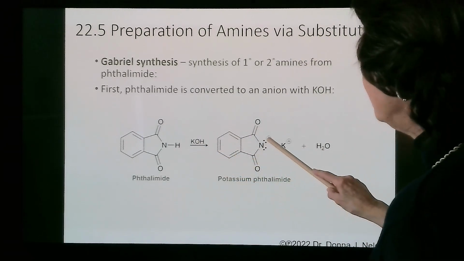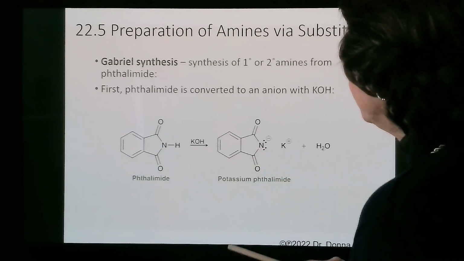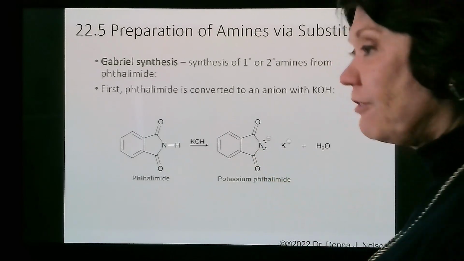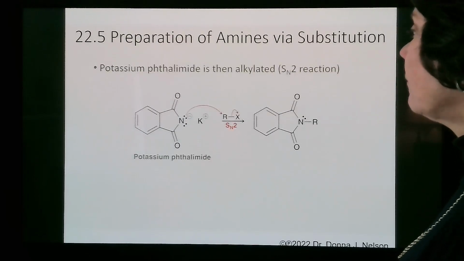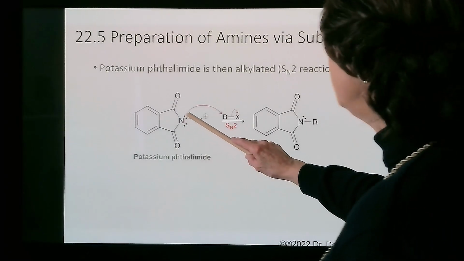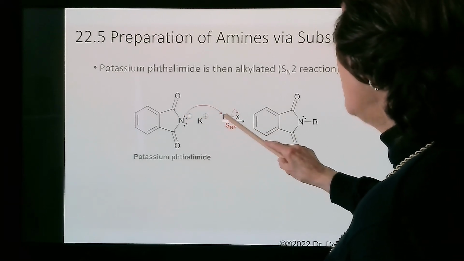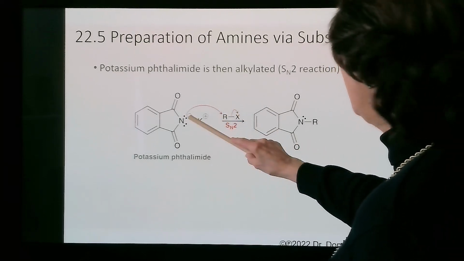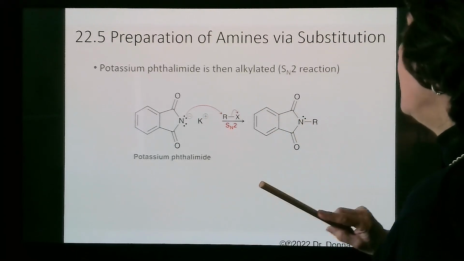This anion, potassium phthalimide, is stable because it's in conjugation with the two carbonyls. Now the potassium phthalimide does an SN2 reaction on an alkyl halide, displacing the halide, and you have formed the nitrogen-carbon bond.